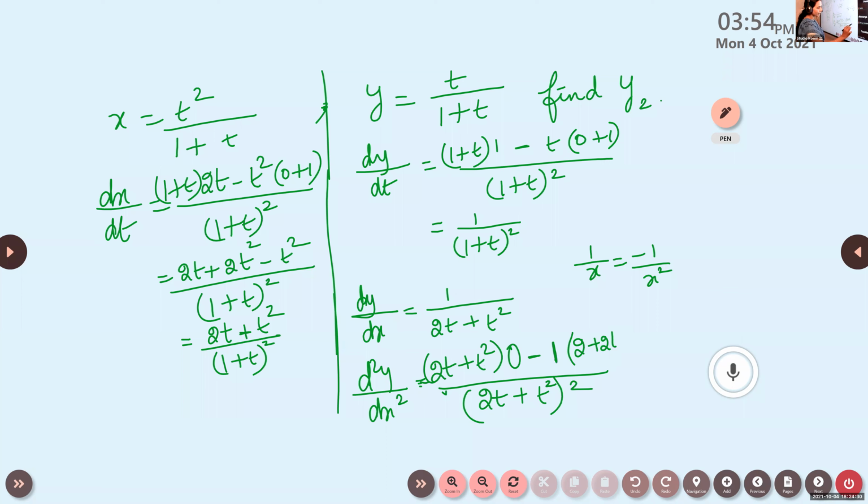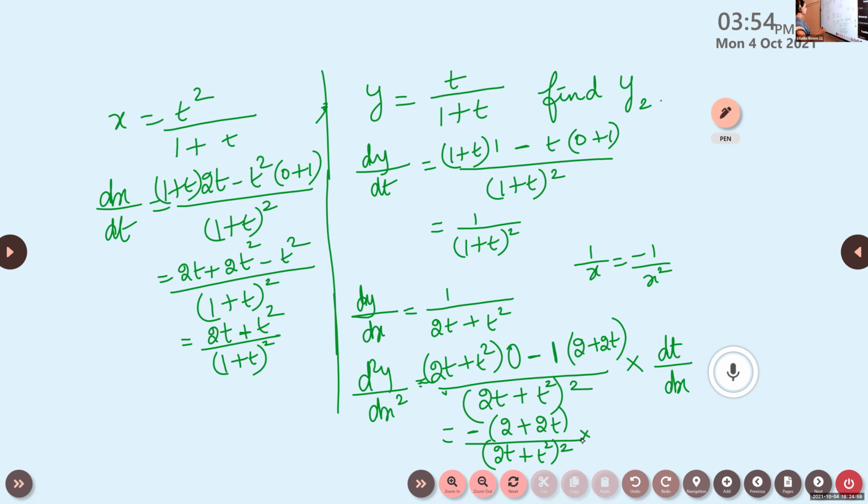It is not over; you have to put dt by dx. When you open the bracket, it will become minus of 2 plus 2t by 2t plus t square the whole square, into dt by dx.